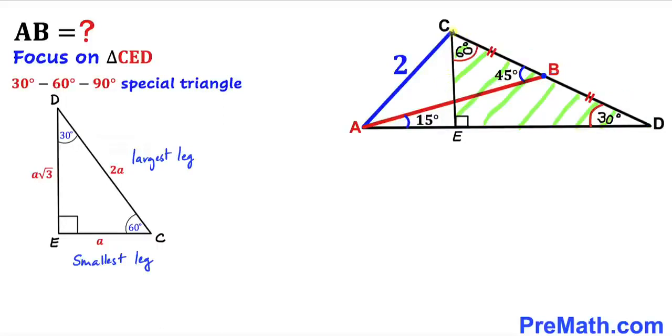In other words, this side length CB is going to be equal to this side length CE. If these side lengths are congruent, then this is going to be congruent as well.